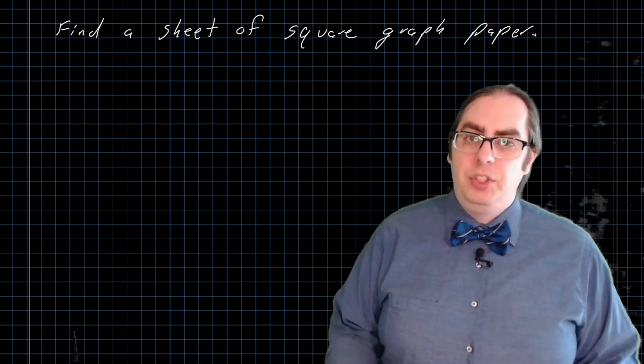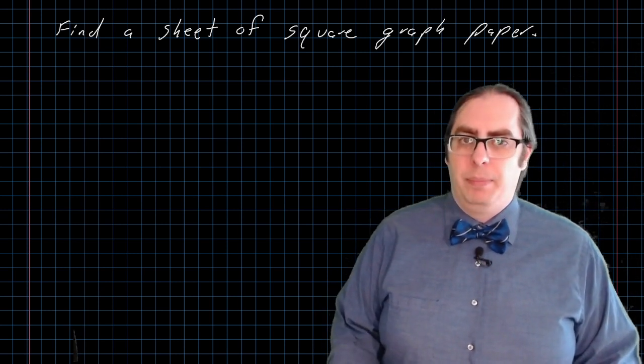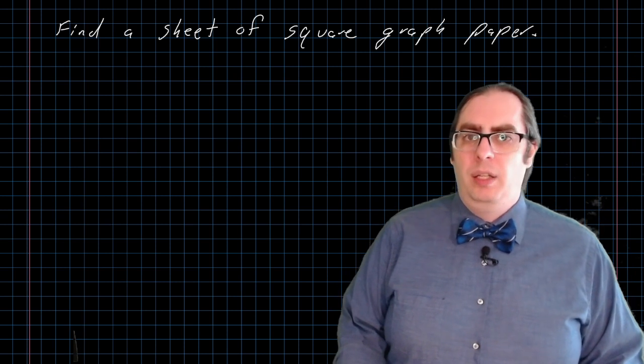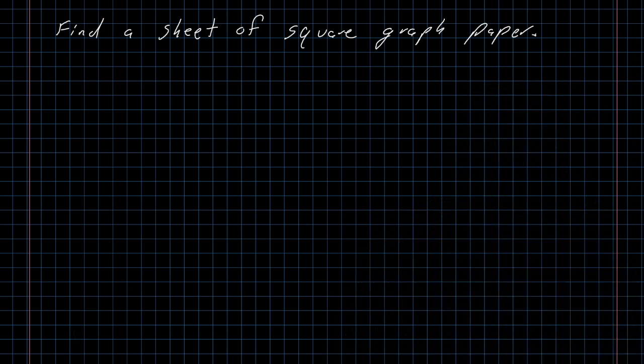All right, so find a sheet of graph paper, and I want you to draw an irregular planar figure, something like the kidney bean shape we just looked at.